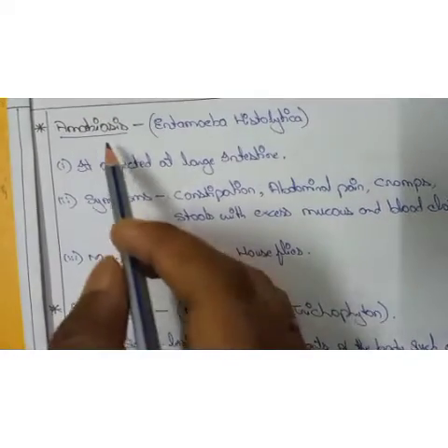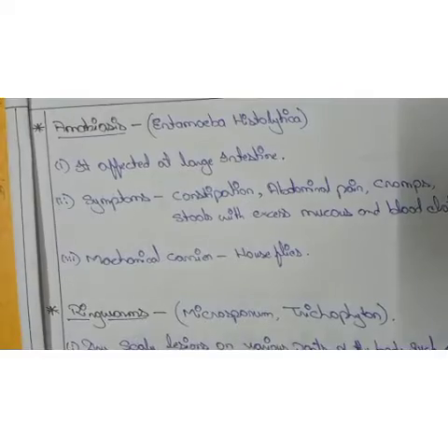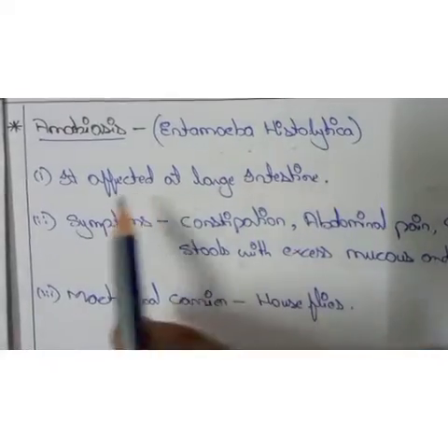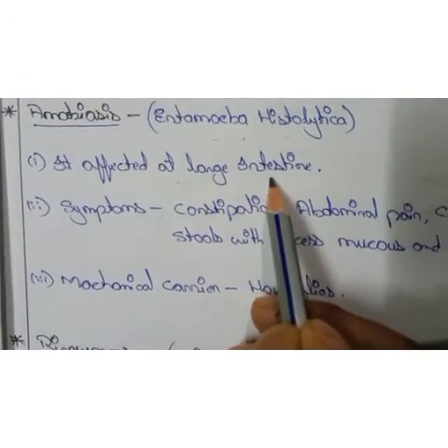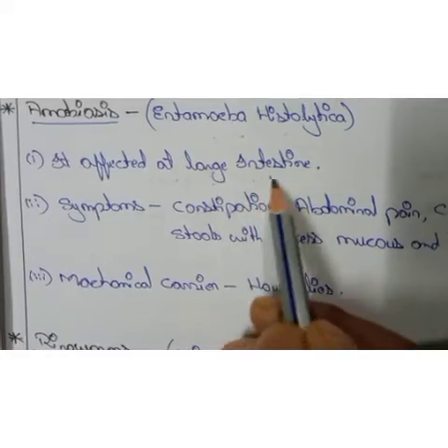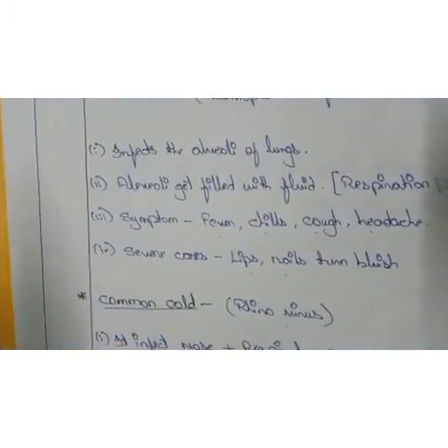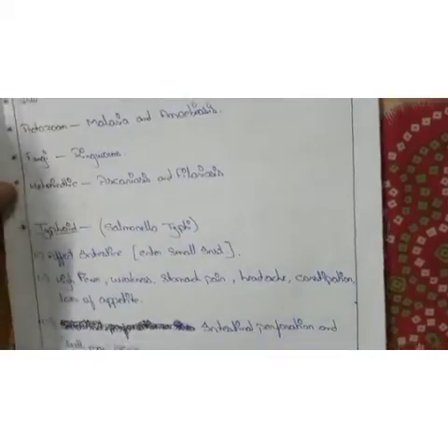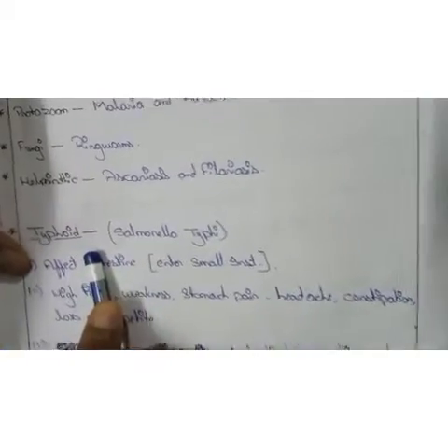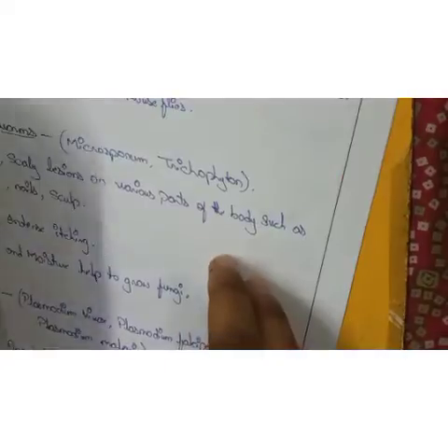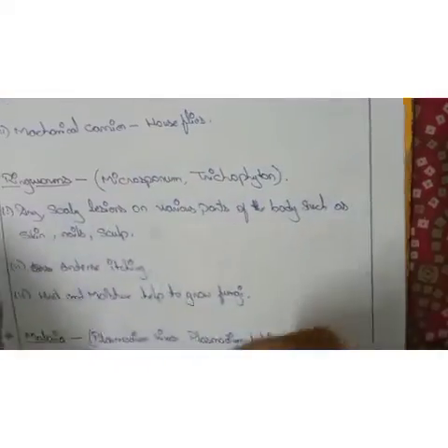Next is amoebiasis. Okay, the causative agent is Entamoeba histolytica. It affects the large intestine. And as we saw previously, typhoid affects the small intestine, while amoebiasis affects the large intestine.